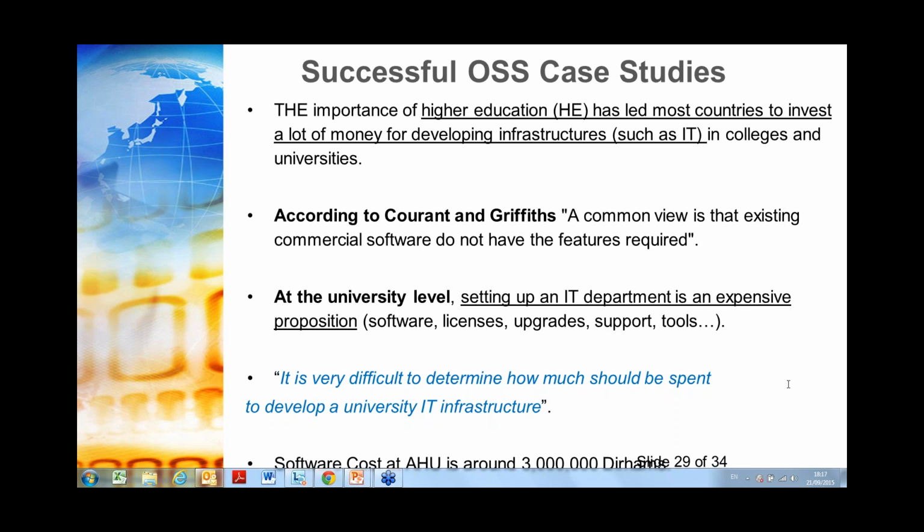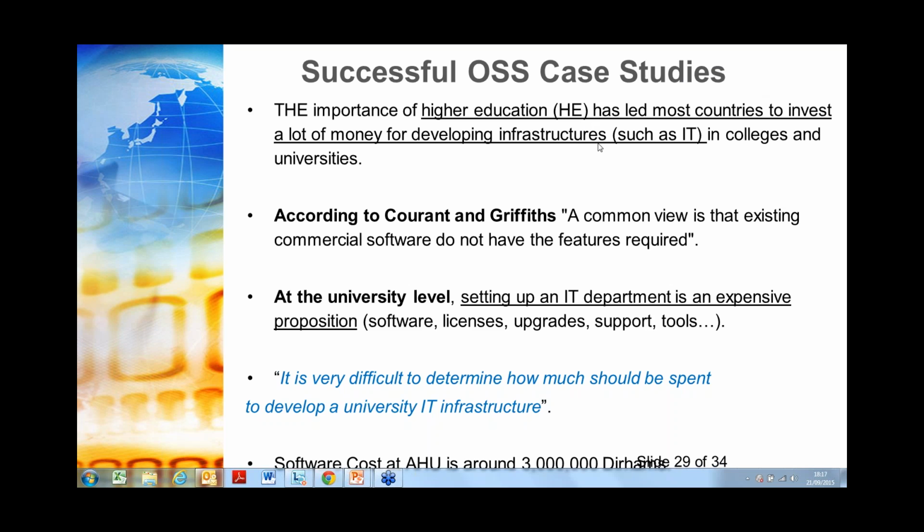I wanted to share some successful case studies that I have been through in the United Arab Emirates. I have been working with the IT team, with the IT director at Al Hussein University, and as I said, the IT infrastructure to be built in the universities in the United Arab Emirates is very expensive and costly. This is around 3 million dirhams, which is around $1 million.